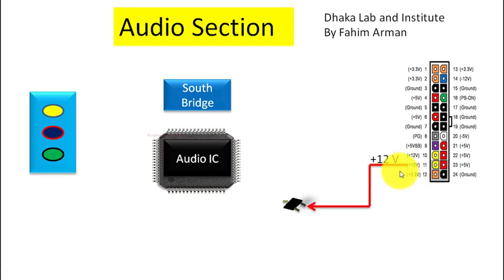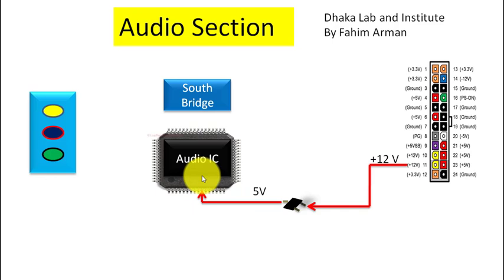In the audio section, first there will be plus 12 volt from the ATX connector going to this regulator, and this plus 12 volt will be converted to 5 volt, and then it will enter the audio IC.